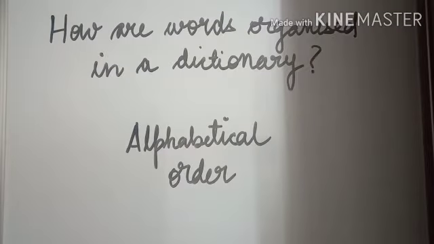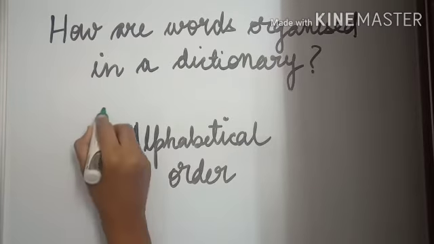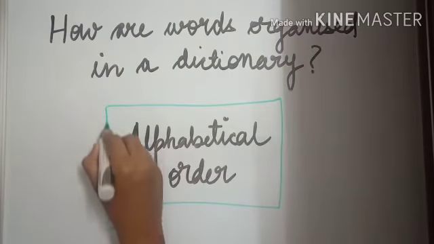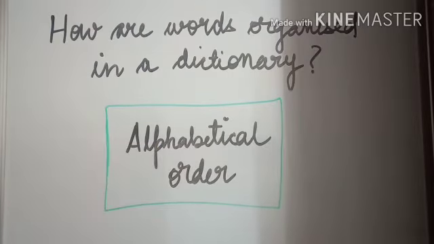Now we will see how words are organized in a dictionary. Children, they are organized in alphabetical order. So let's revise the alphabets quickly.